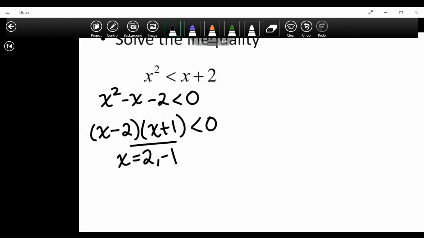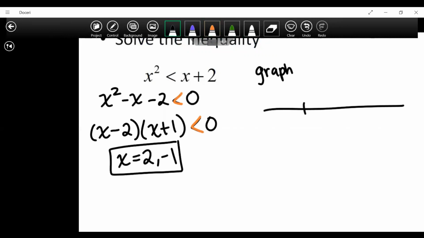So this is my solution here. We have to be able to show how that's represented on an inequality graph. Now we have a less than symbol here, so the way that the less than symbol is going to be important for us. Our graph for this on our number line is still going to be at -1, 0, 1, and 2.